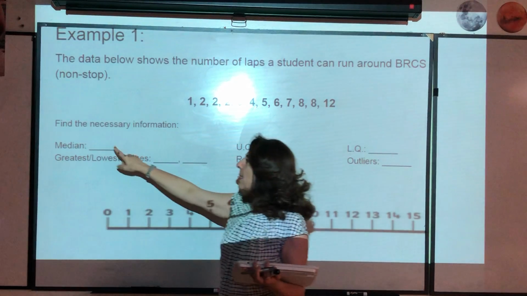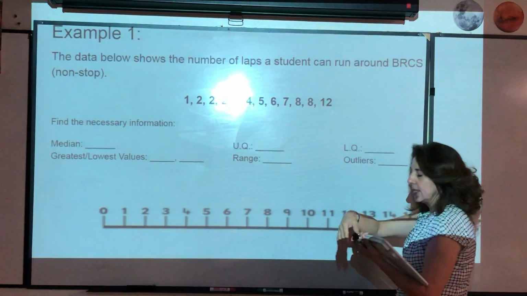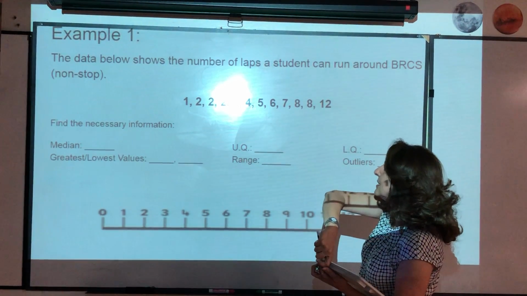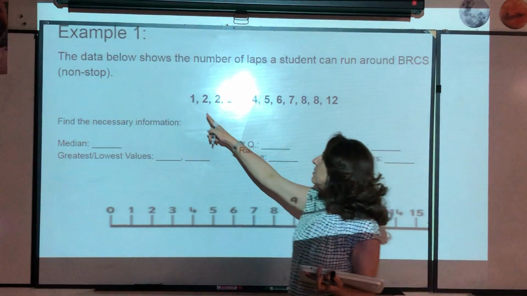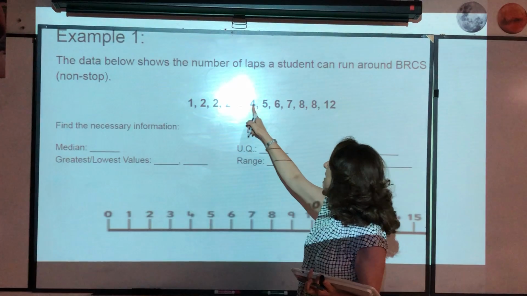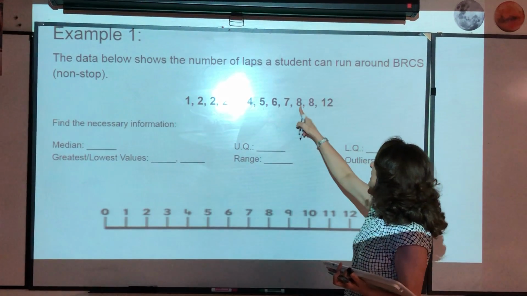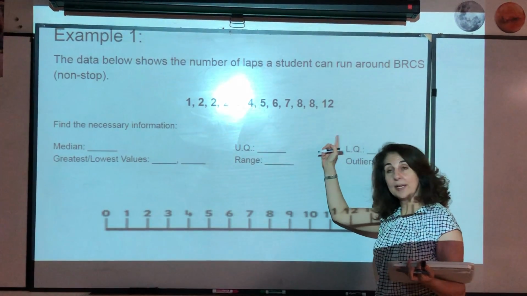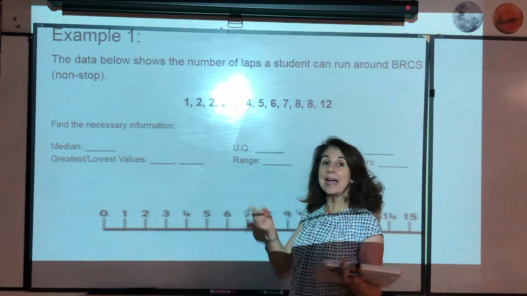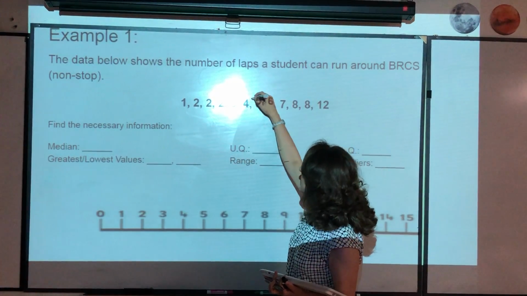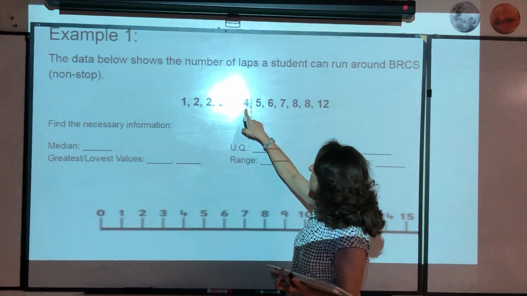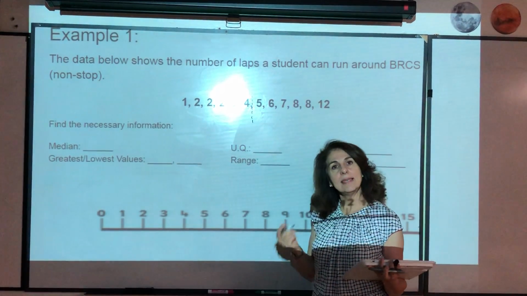So first of all, let's find the median. How do we find the median? The median is the number that is right in the middle of our data set. So here we have 1, 2, 3, 4, 5, 6, 7, 8, 9, 10, 11, 12 numbers. So we have to divide this in half. 1, 2, 3, 4, 5, 6, 6 on one side, 6 on the other side.